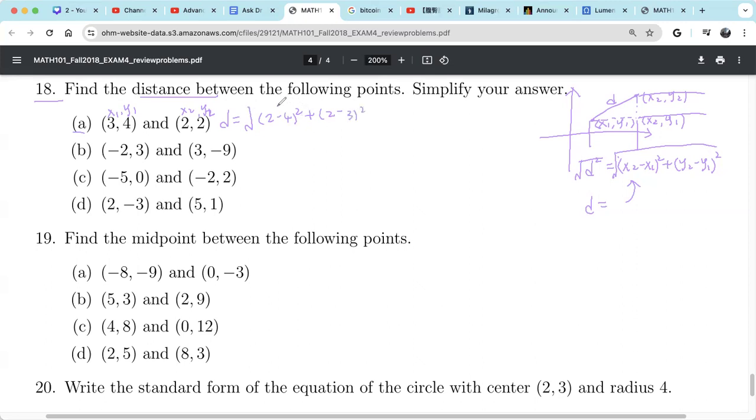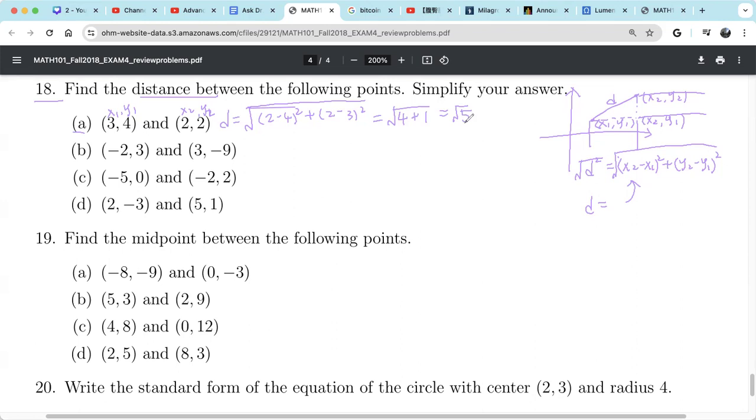Or we could use the first point minus the second point. So the difference between 2 and 4, or 4 minus 2, is 2 squared, which is 4, plus the difference in the other value is 1, 1 squared is 1. So 4 plus 1, 5. So it's the square root of 5.